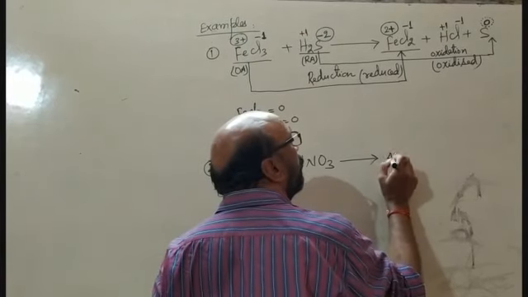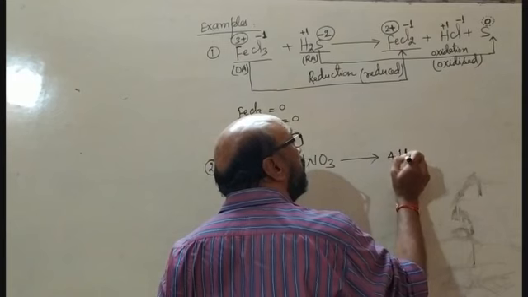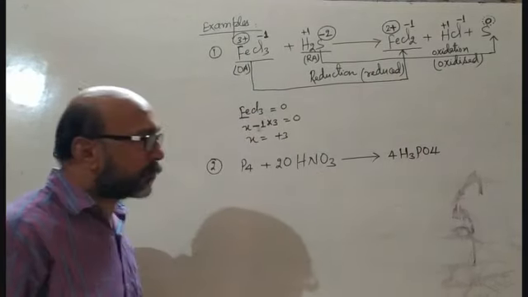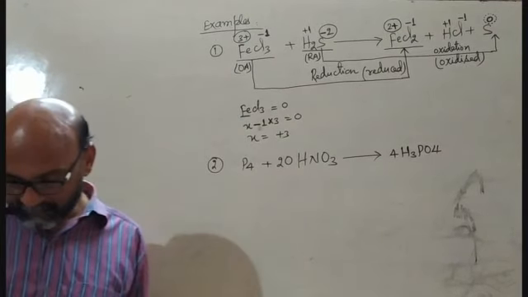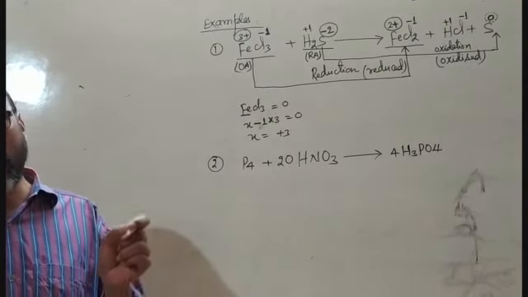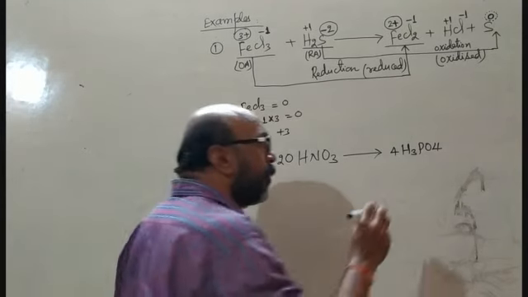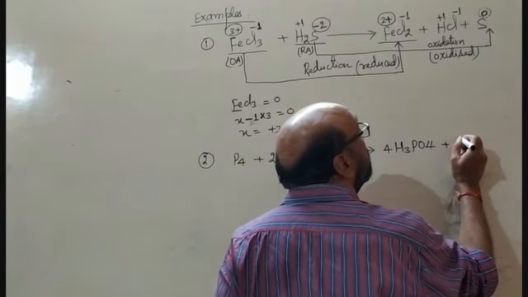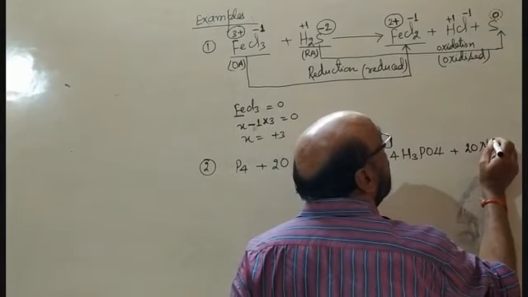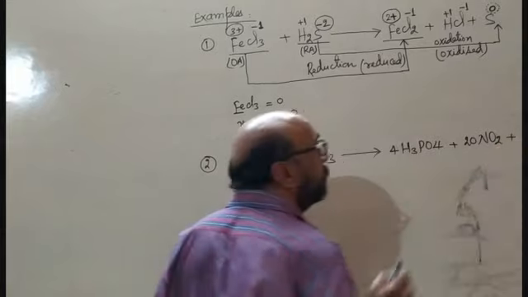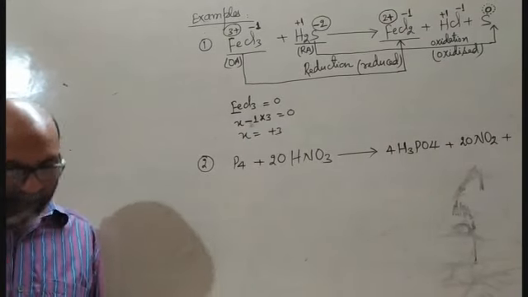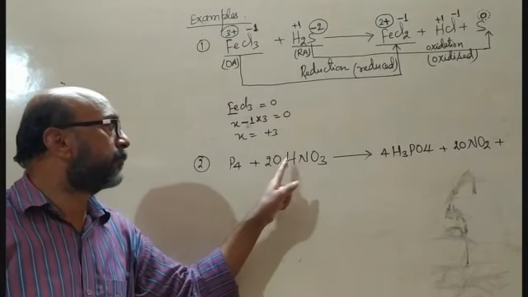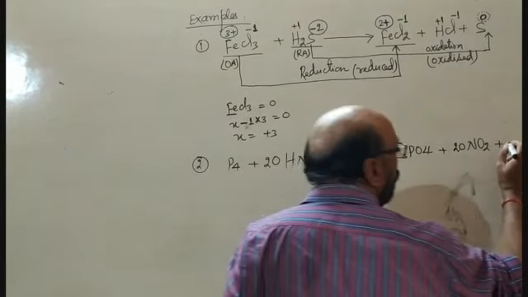What is the formula for phosphoric acid? H3PO4. Phosphoric acid plus NO2, brown fume of NO2 is released, 20NO2, and 4H2O.